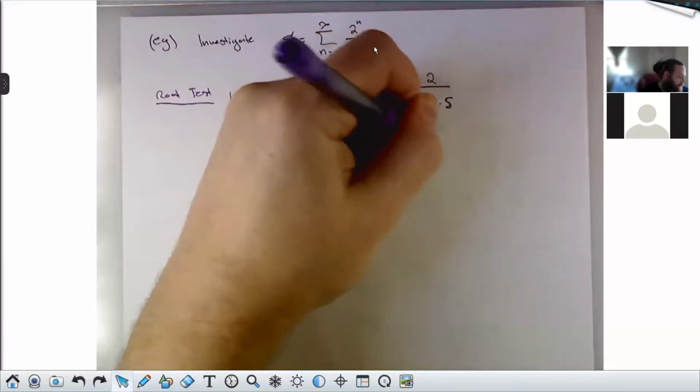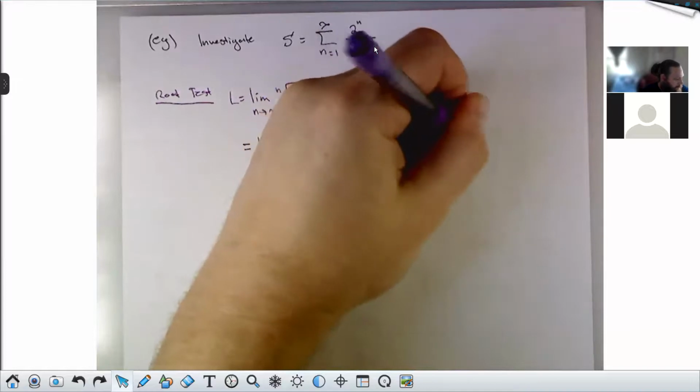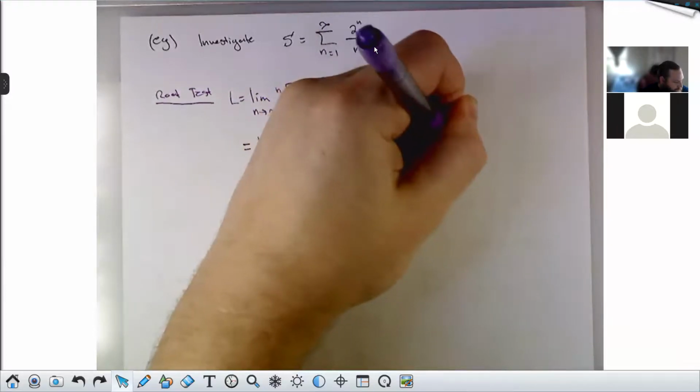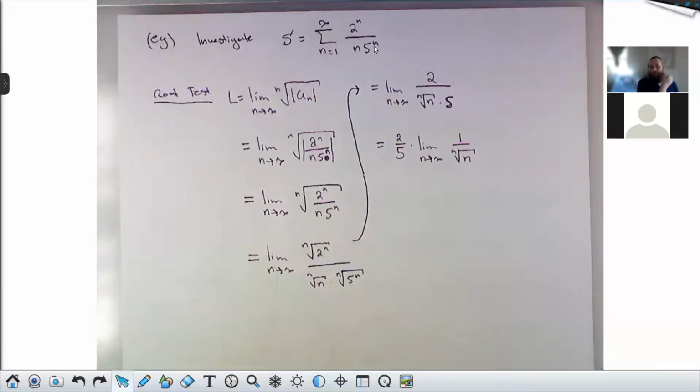We get 2/5 times the limit as n goes to infinity, 1 over the nth root of n. I'm going to leave some space here because this limit is actually kind of tricky.